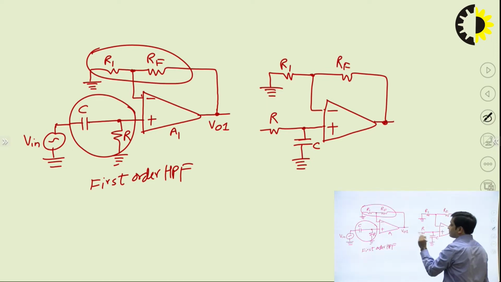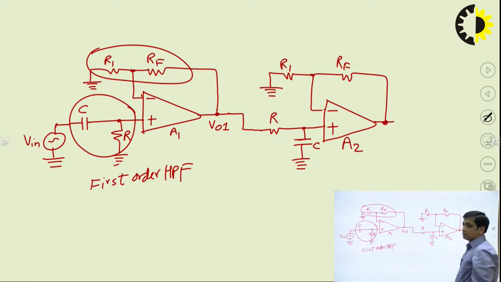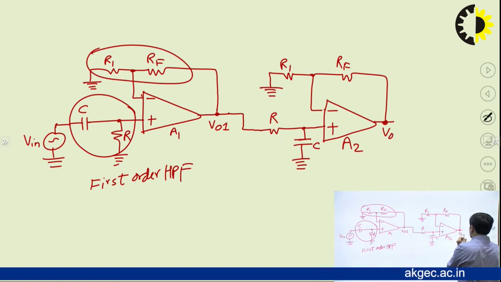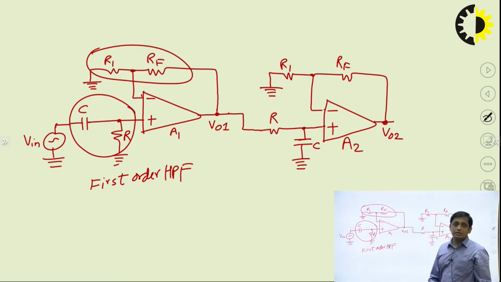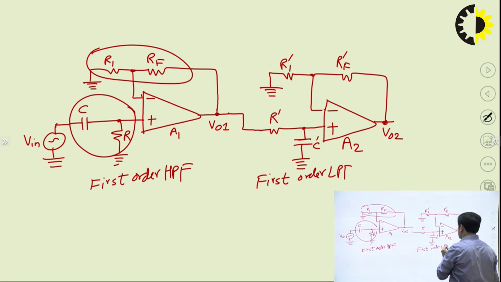The output of the first op-amp A1 is given to the input of the second op-amp A2, and the output of the second op-amp A2 is, let's say, VO2. Just to differentiate the component values, we can take R dash, C dash, R1 dash, RF dash for the first order low pass filter.